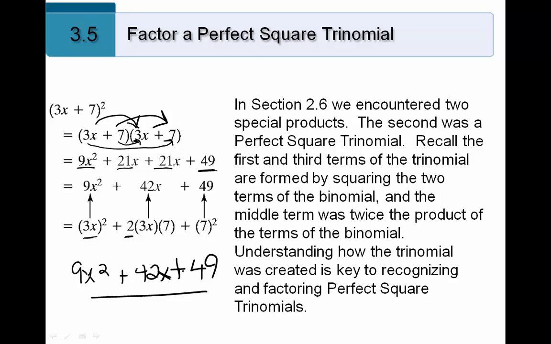Notice that the first term and the last term are perfect squares. 3x times 3x is 9x squared. 7 times 7 is 49. Also notice that this is positive. Notice this middle term is even. If you recognize that you're dealing with a perfect square trinomial, it makes it easier to factor. The rest of this section will be factoring perfect square trinomials.